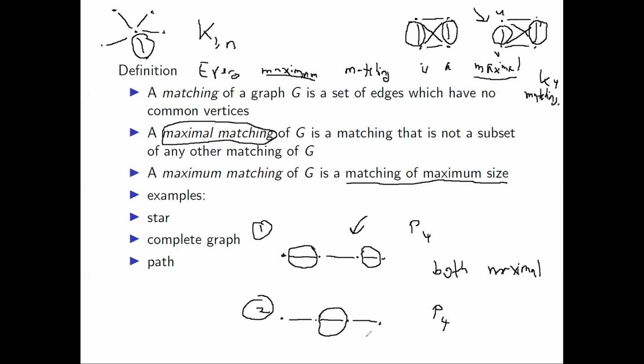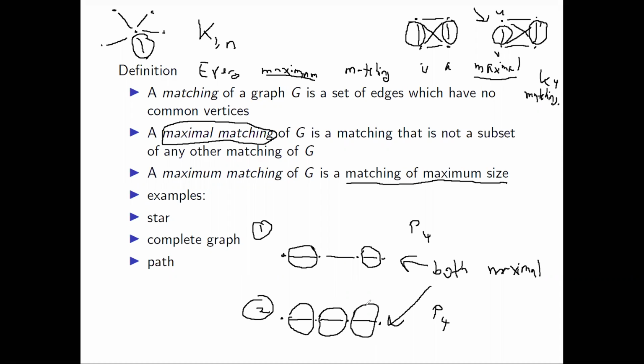More interesting, though, is the bottom one is also maximal. So that bottom one, if we wanted to find some superset of edges for that is also a matching, we could either add this edge or we could add this edge.